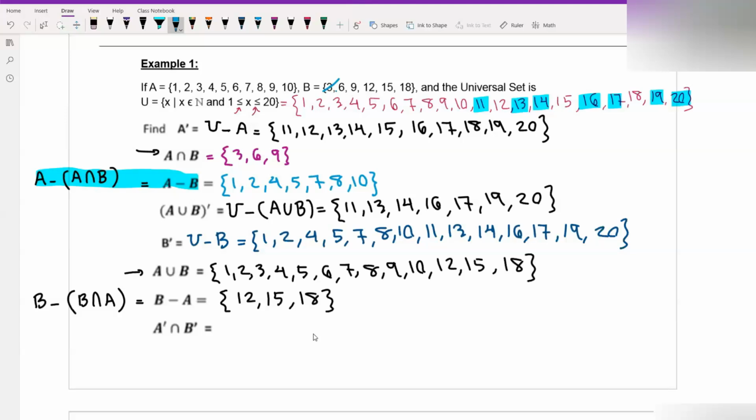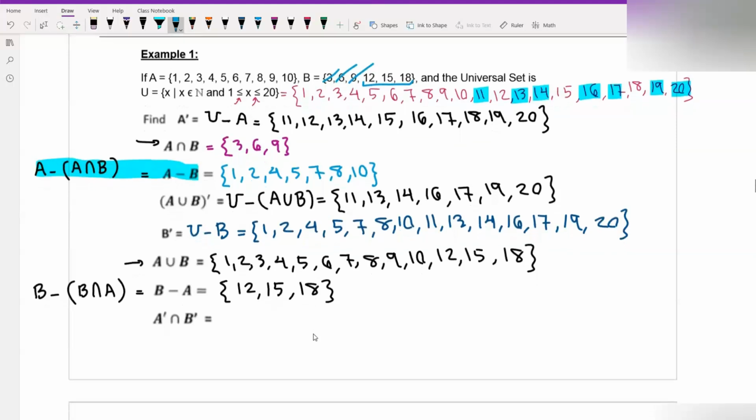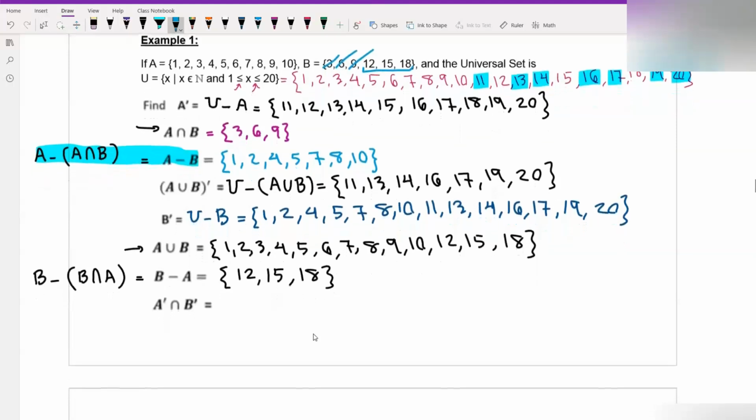We have 6, so subtract that one. We don't have 7, we don't have 8, we have 9, so subtract it. We don't have 10, so what's left is 12, 15, 18. Again, it doesn't matter what's left inside A. Do not list them.